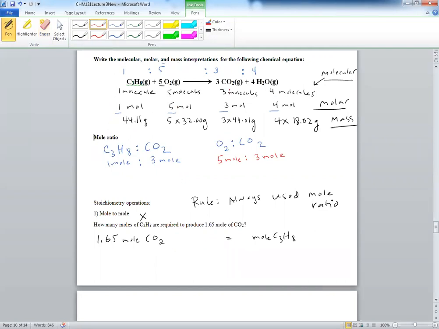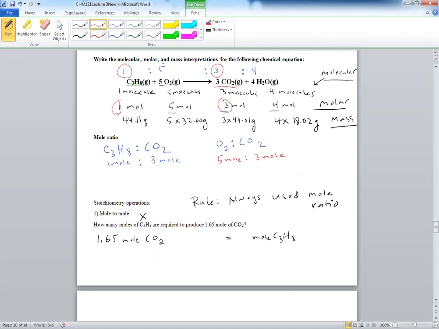The ratio of CO2 to C3H8 is 3 to 1, meaning you need 1 mole of C3H8 to produce 3 moles of CO2, right here.